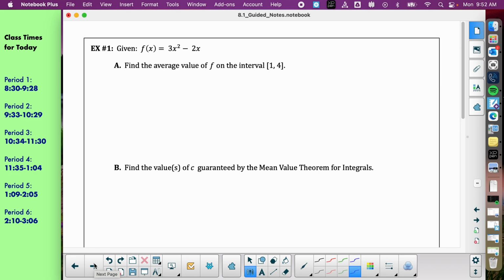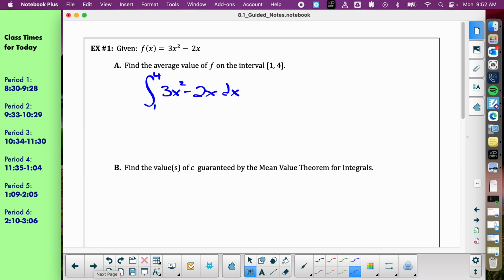How do I start this out? It gives me an equation and it says find the average value of f from 1 to 4. Okay, perfect, that's a good start. So this will tell us the area from 1 to 4.